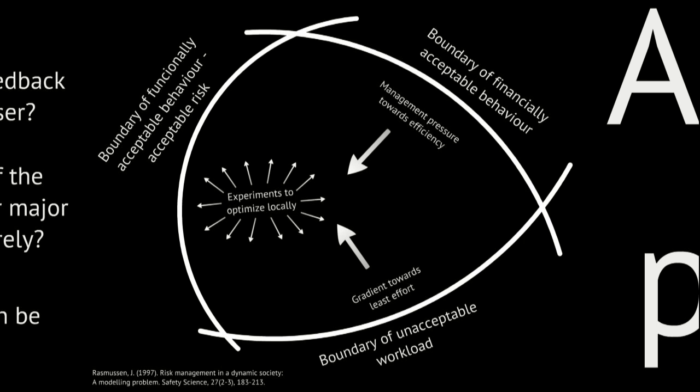A goal-constrained environment where you are not to cross, you see on the top, the boundary of financially acceptable behavior, because that's when you get bankrupt, where you are not to cross the boundary of unacceptable workload because you're burned out, and where you are not to cross the boundary of functionally acceptable behavior or acceptable risk, because that's when you have an outage. That's when you have an accident.